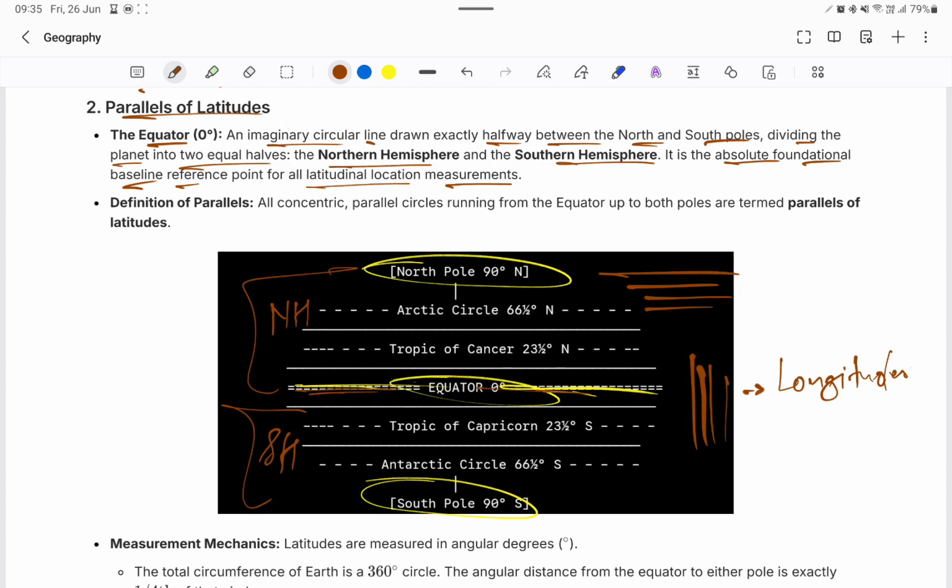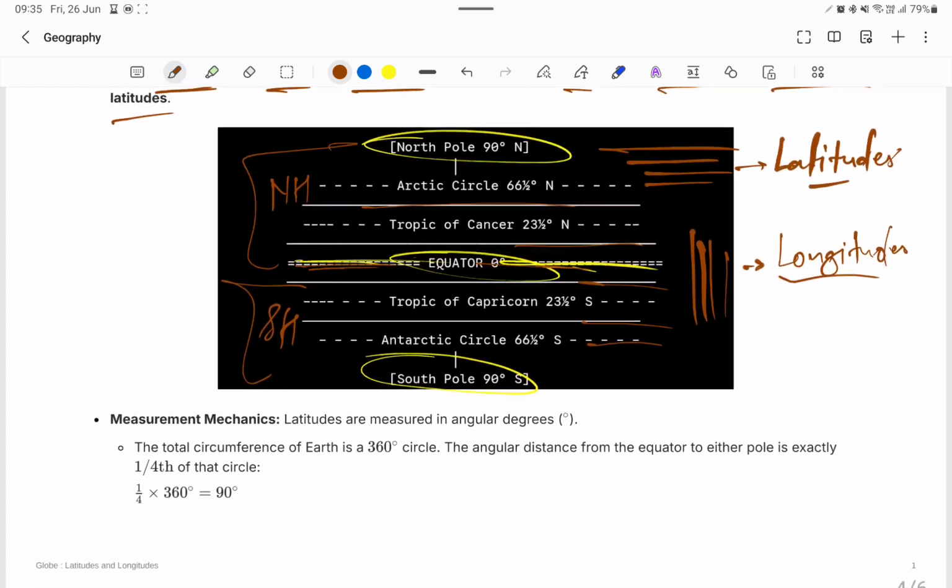This is called longitude, and this is called latitude. I got it, you got it, I guess. Definition of parallels: all concentric parallel circles running from the equator up to both poles are termed parallels of latitude. So this line is also a parallel of latitude, this is also a parallel of latitude. I hope you understand that.